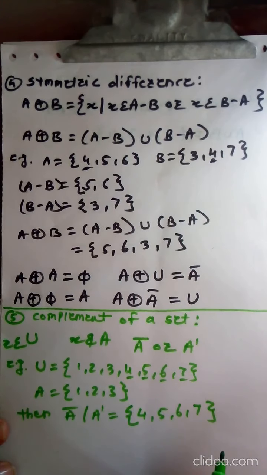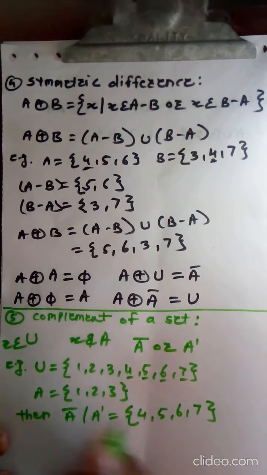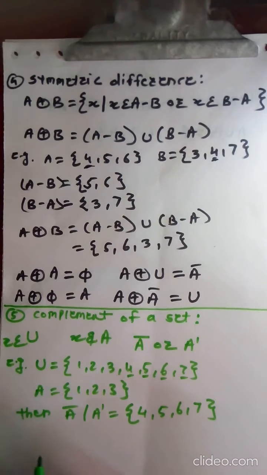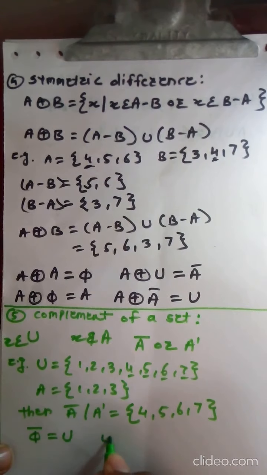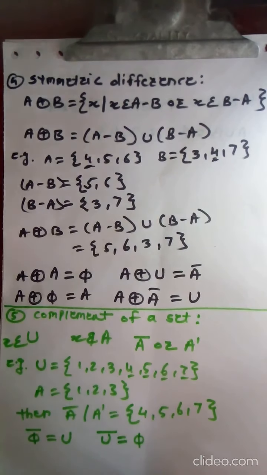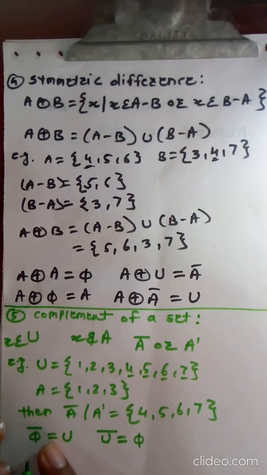Now again, there are properties related to the complement of a set. What is the complement of phi, the empty set? The complement of the empty set is the universal set, and the complement of the universal set is the empty set, right?